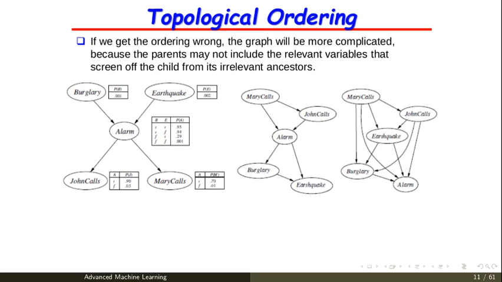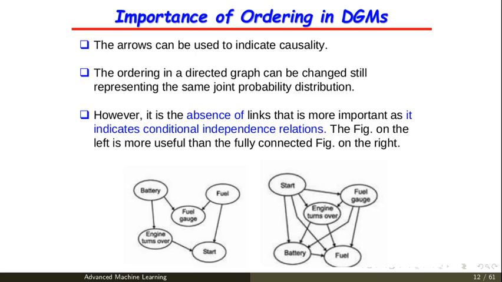So it is the absence of edges that is important, because it indicates conditional independence relations.